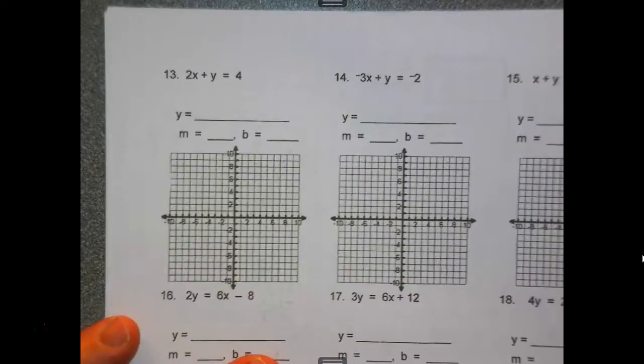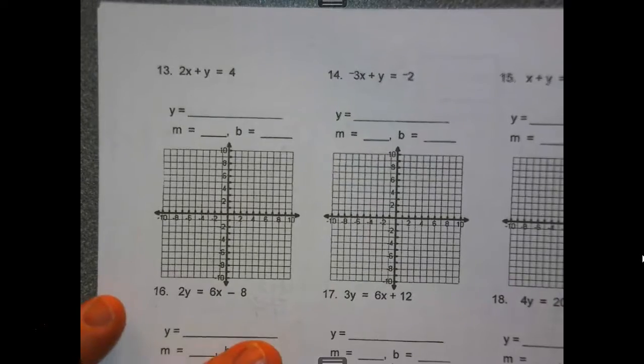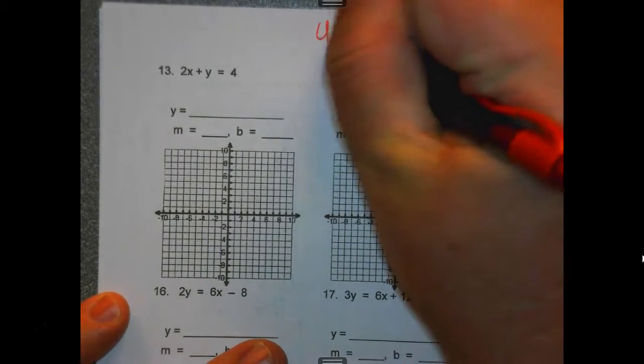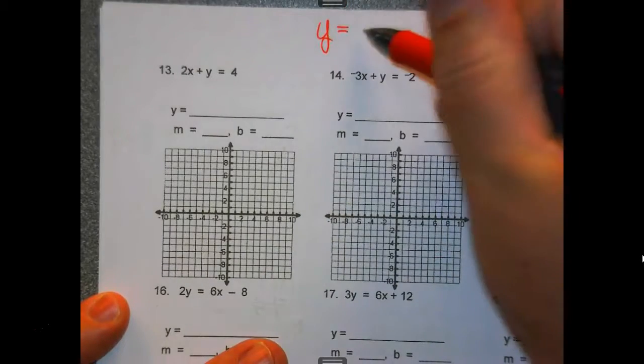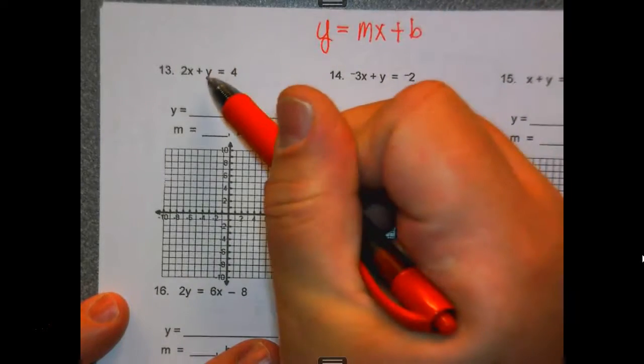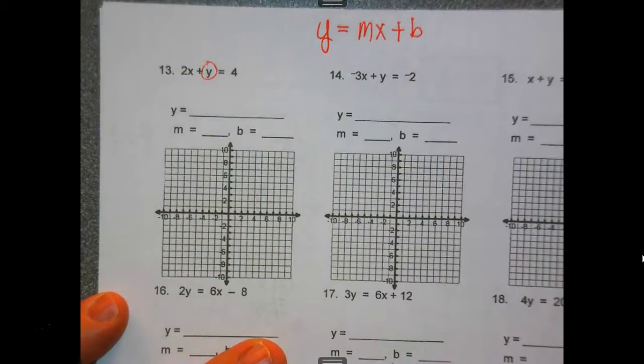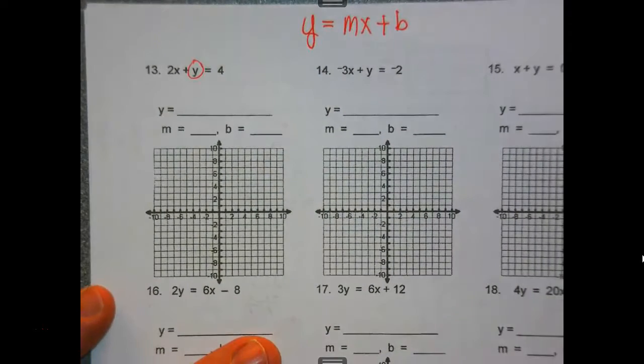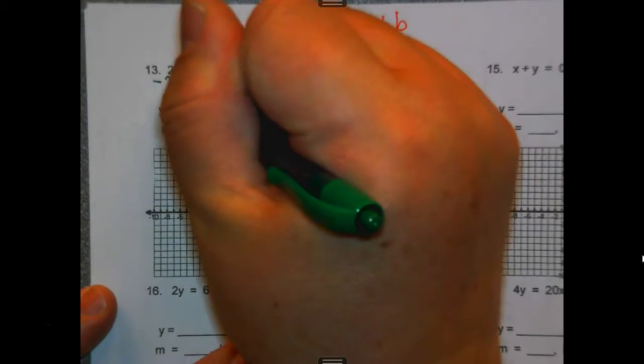Number 13, we have to put it in slope-intercept form first. Okay, my slope-intercept form is y equals mx plus b. So in other words, I have to get y by itself. So I'm going to subtract 2x from both sides.